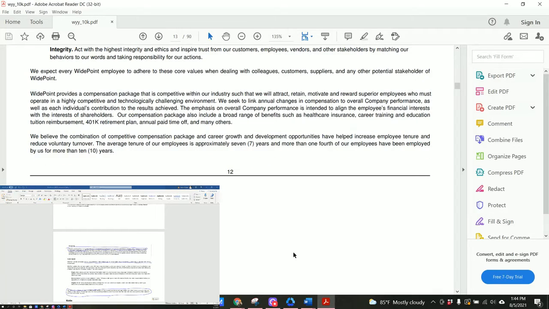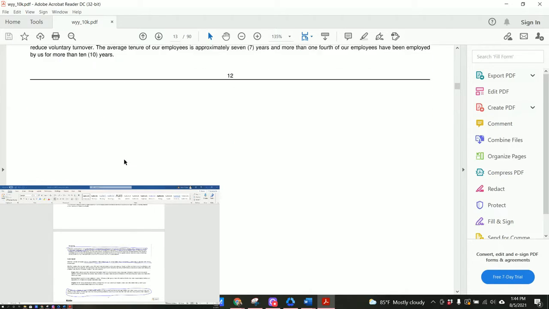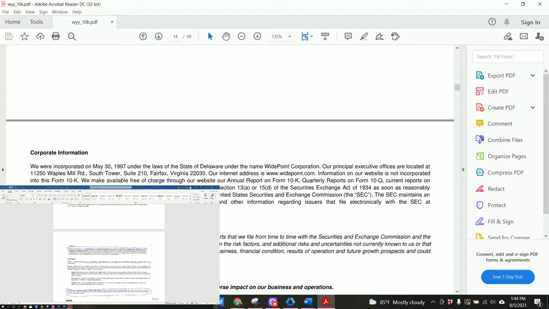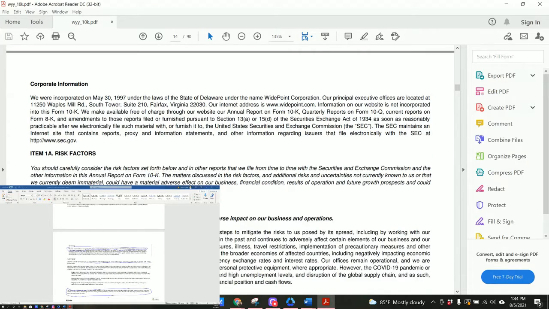That means they have a lot of experience. That means they have people that are probably loyal to them to some degree. I view all of those as good things. Now, the opposite side of that is if there are a lot of entrenched people who aren't helping increase value and things are getting stagnant, that could lead to problems. But for the most part, I view that as a positive thing.